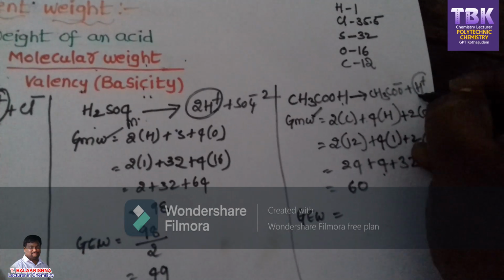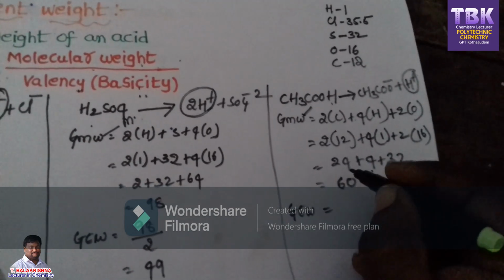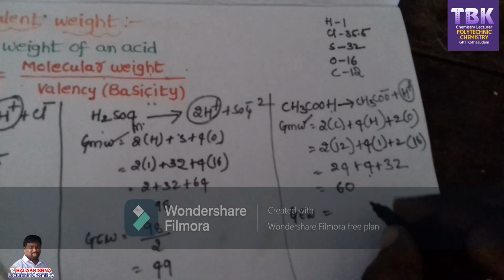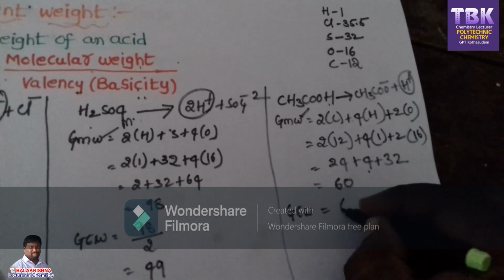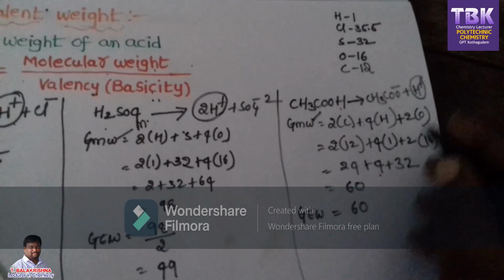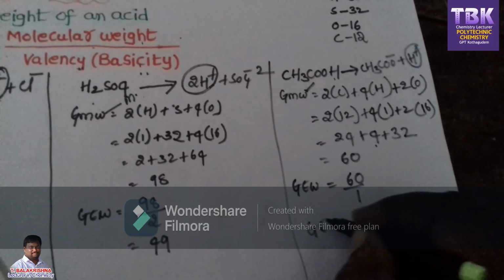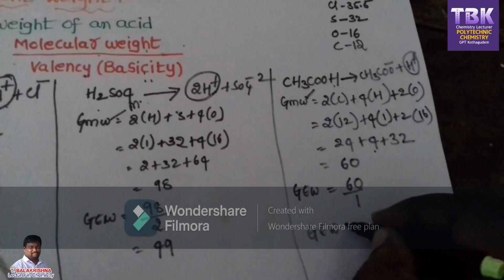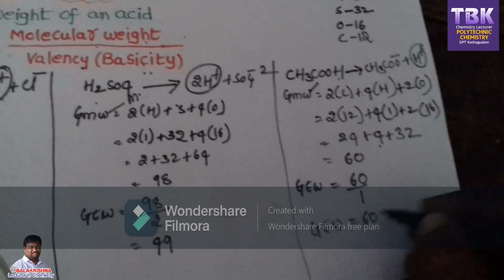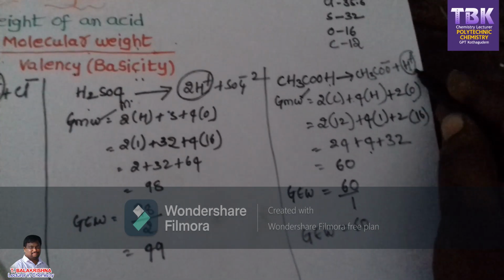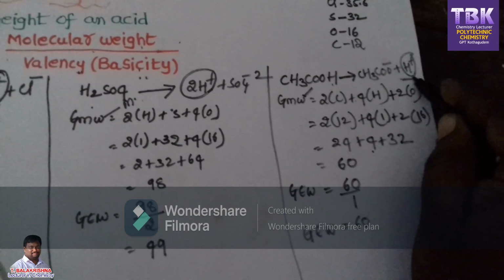How many H plus ions? Only 1. So the basicity of acetic acid is 1. So the weight is 60 and the basicity is 1, so the gram equivalent weight of acetic acid is 60. Is it clear?